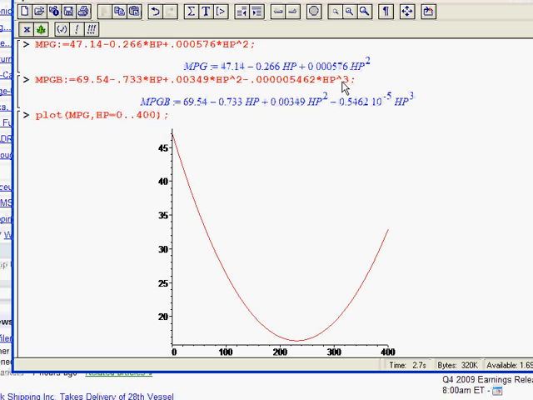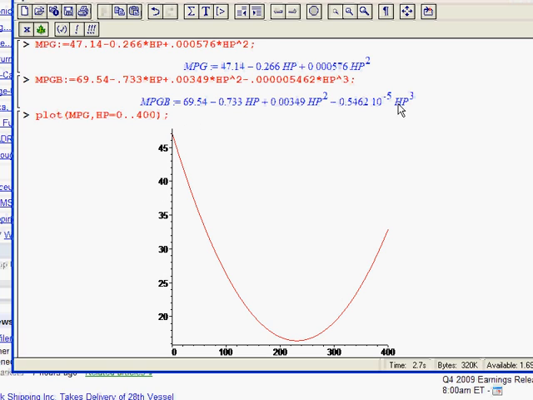The only simplistic way is to say, well, the first negative says that as you start here from 47, you're going to go down. The second positive means eventually you're going to head back up as horsepower gets larger.